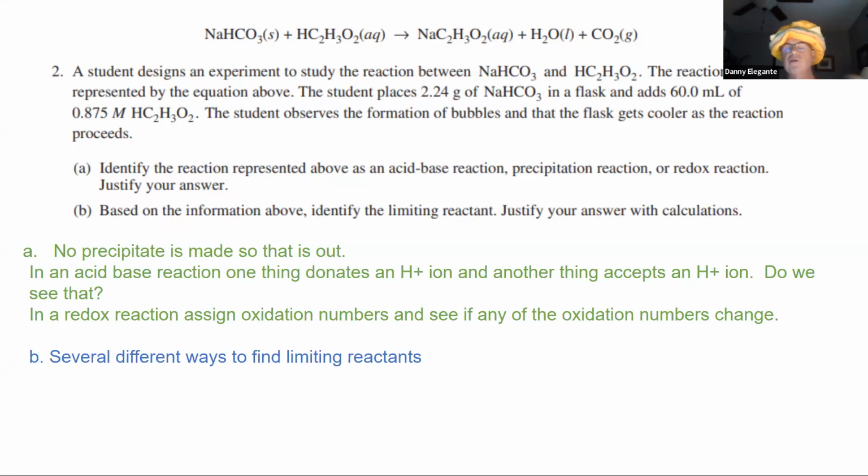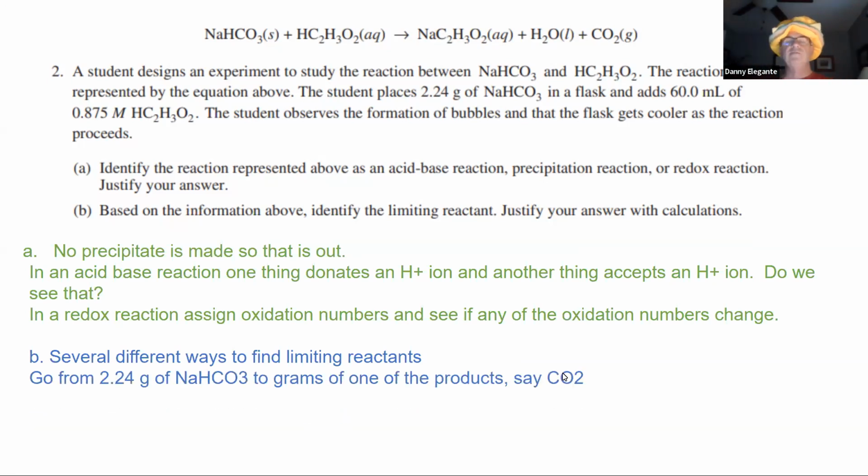You were probably taught many ways to find limiting reactants. One way is to start with what you're given, right? 2.24 grams of sodium bicarbonate, and go to moles using the periodic table and the molar mass, and then use the balanced equation to go from moles of the bicarbonate to moles of a product, say carbon dioxide, and then change it to grams.